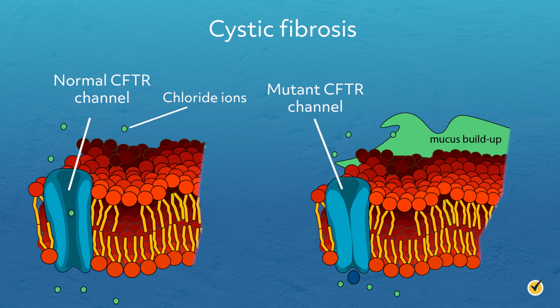This changes the normal secretions of epithelial cells in the lungs and digestive tract to become thicker and stickier, leading to the symptoms we just talked about. This is just one example of many, but thankfully there are treatments for CF and other genetic diseases.